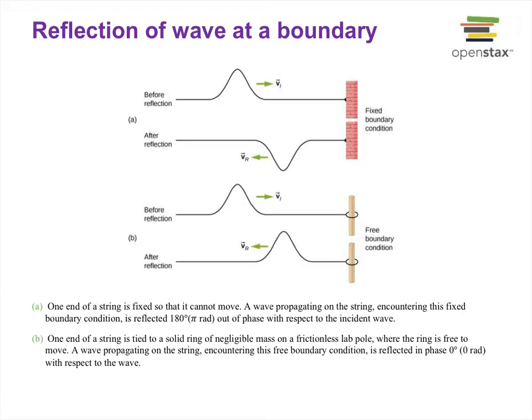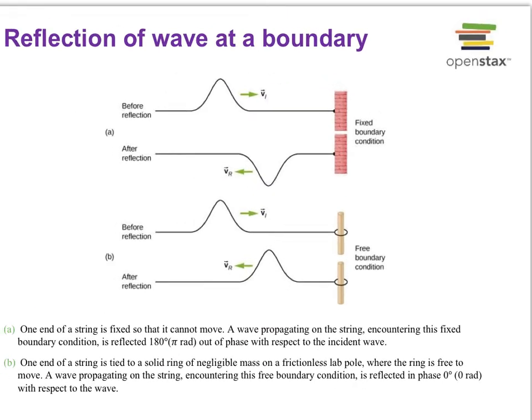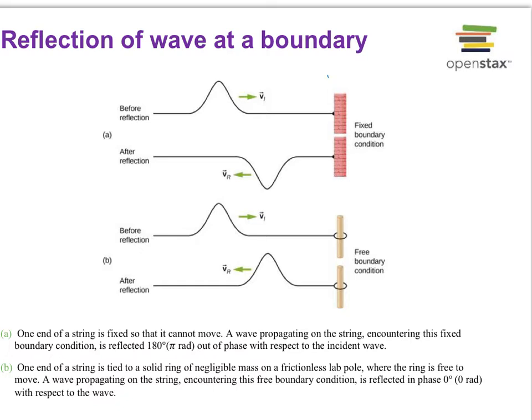So first of all, if we have a wave that hits a boundary that's fixed at that end, the wave is clamped at this end. It's a fixed boundary. What happens is when the wave comes in, here's the peak, and it's pulling up on the boundary, which creates an equal and opposite force that pulls down on it.